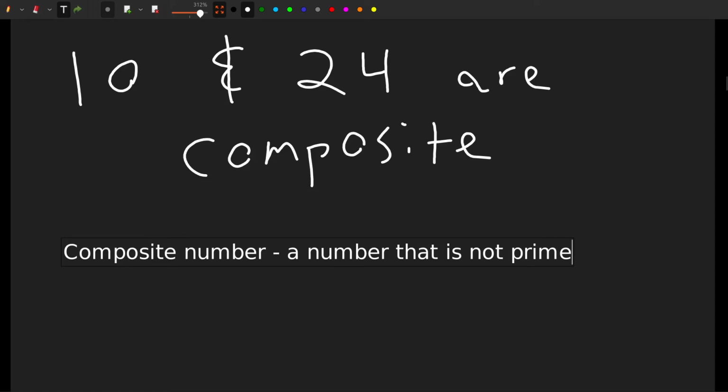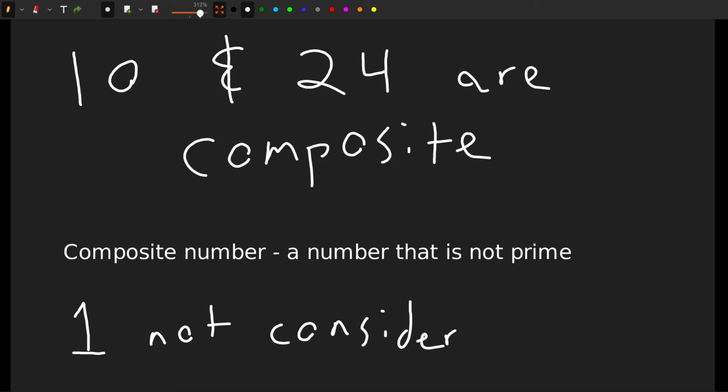Now, there is a special case, and it's an edge case in a way, and it's for 1. 1 in the number set, good old 1, is not considered prime or composite.